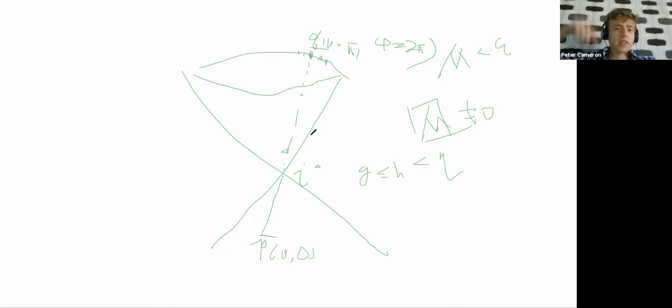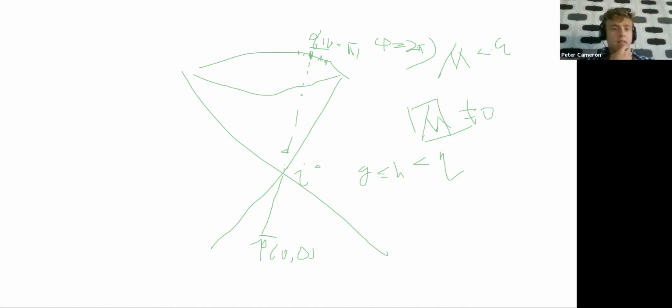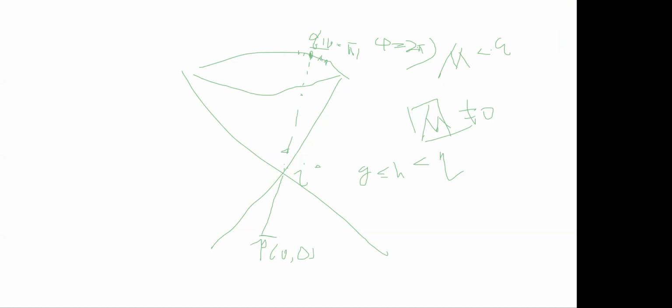So when you try to construct this geodesic, it will live on the boundary. Okay, maybe I should reconsider this part. Okay, thank you. I'll maybe go away and check that calculation.